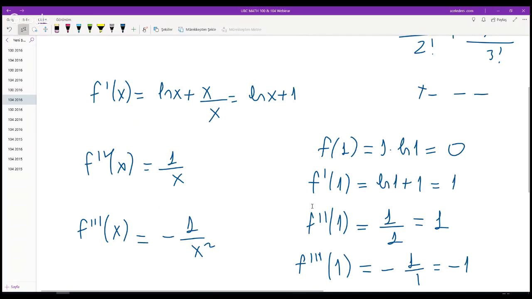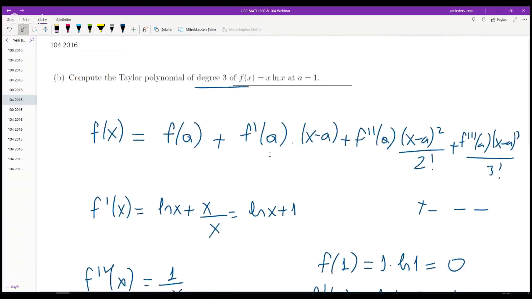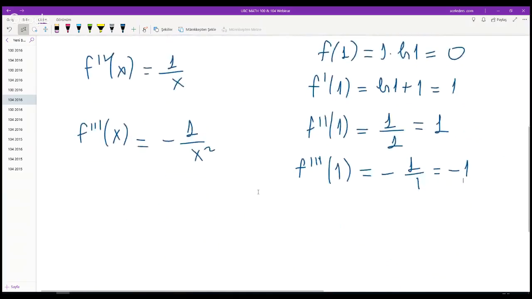Okay? So, therefore, I just replace all these findings in the formula to find a third degree polynomial.